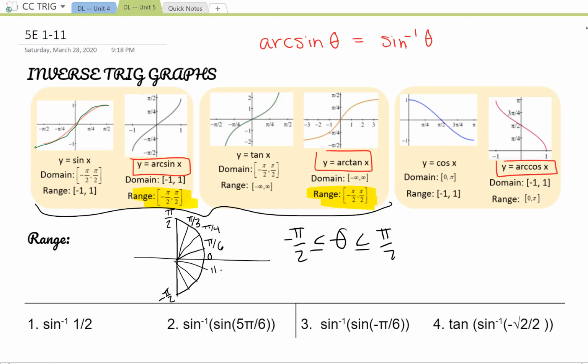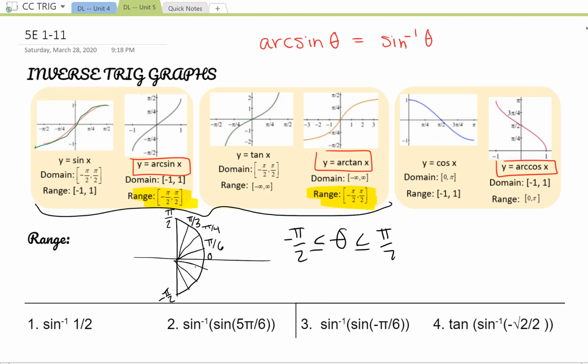It's called 11π/6. Yes, this angle is 11π/6, but is 11π/6 within the restrictions? So I plug it in, 11π/6. Is that less than π/2? No, it's definitely not. So it's not within the restrictions.